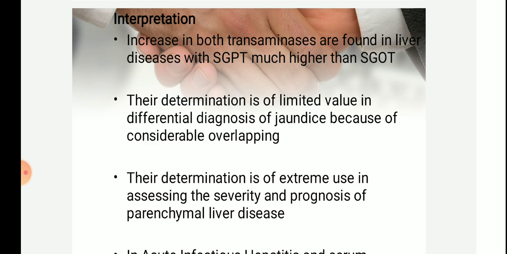So in liver function tests, SGPT, SGOT fluctuation, raise in the levels. Which is more raised? Specifically the SGPT is more related to liver ailment, liver disease, than the SGOT. SGOT is mostly associated with liver and heart diseases.